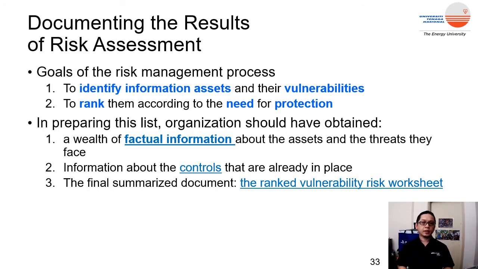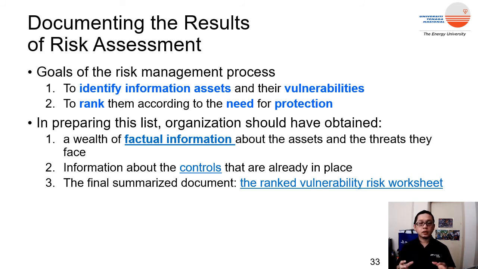So at the end of the day, what can you gain from this activity? Of course, the first thing that you must remember is the goal of the risk management process is to identify information assets and their vulnerabilities, meaning you must be honest. Each of those assets has weaknesses, and each of those weaknesses contributes to certain threats that could happen.